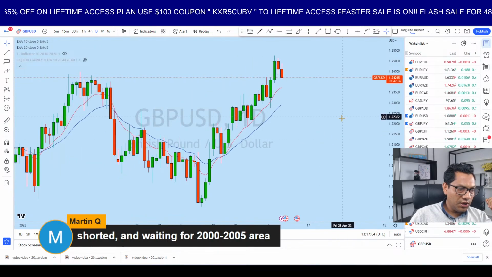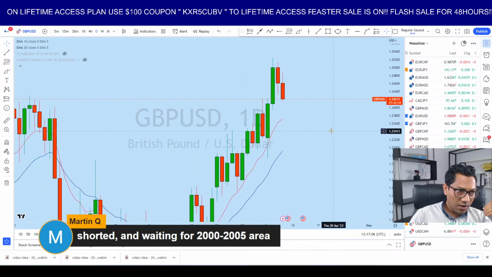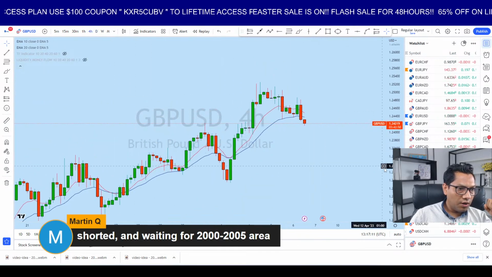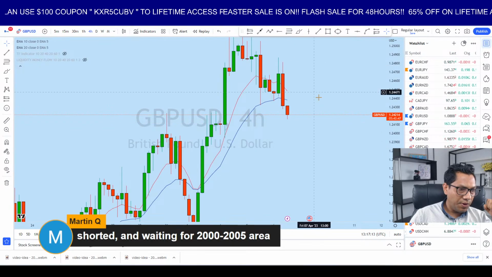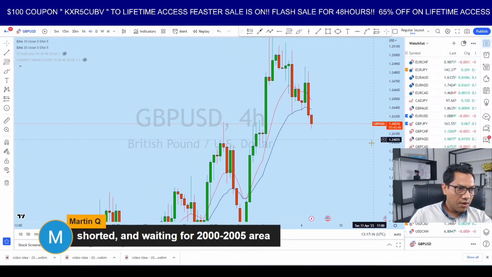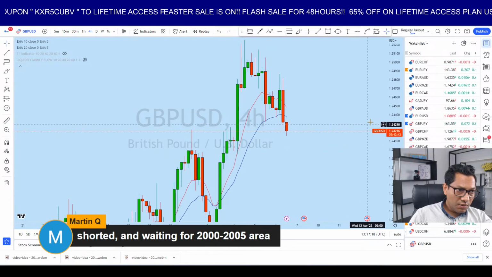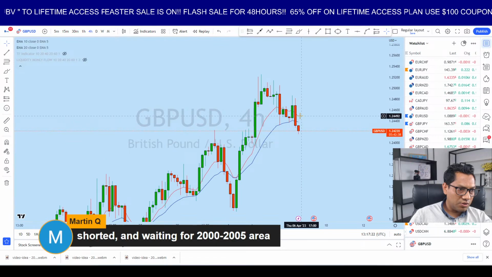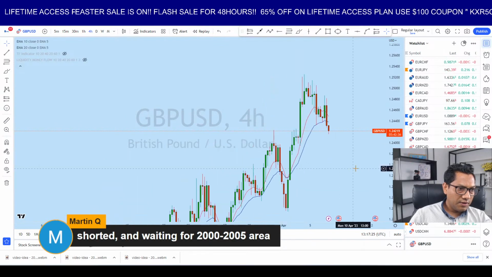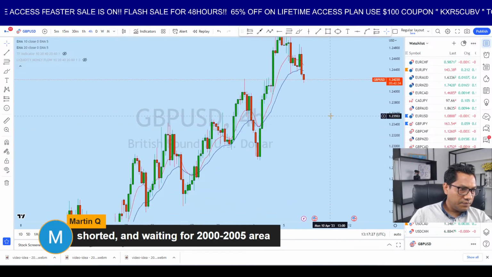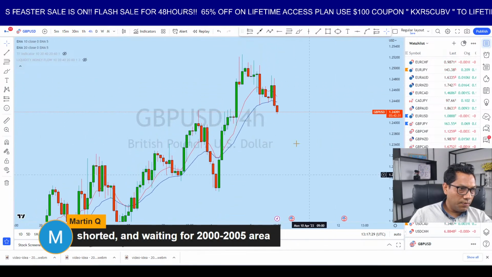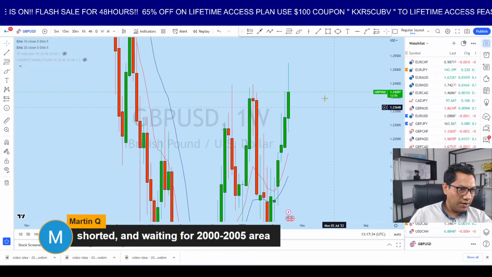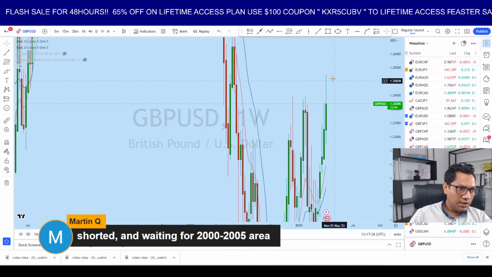So GBP USD, like euro dollar and like gold, we might see this one also coming down. We saw a bearish candle close on GBP USD, but we could see the price going up again to test this level. In terms of GBP USD also, we might see a drop for the short term, because this is the weekly candle.